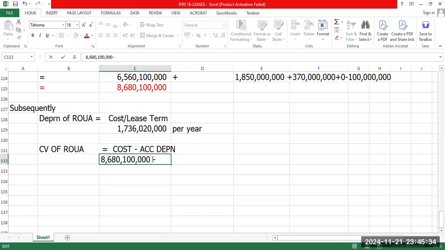Minus, I open a bracket, the depreciation is 1,736,000,000 20,000. Okay. Then it times how many years from the time you entered into a lease agreement up to the reporting period.